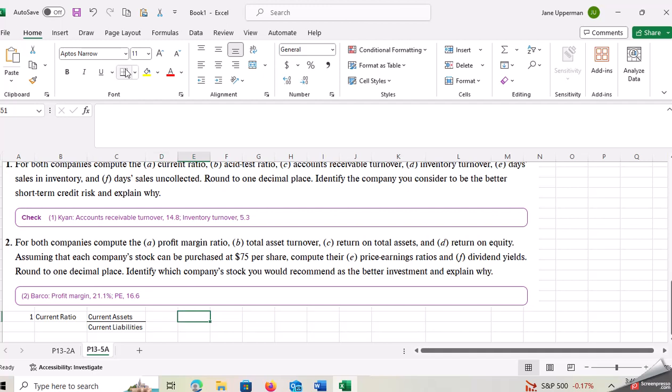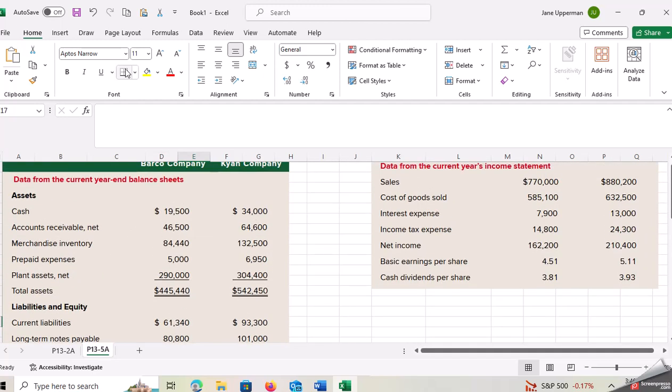If we go up to the first company, the Barco company, our current assets are everything except for that 290,000. I think the easier way to do it is to take the 445,440 and subtract that 290,000. So that leaves 155,440.